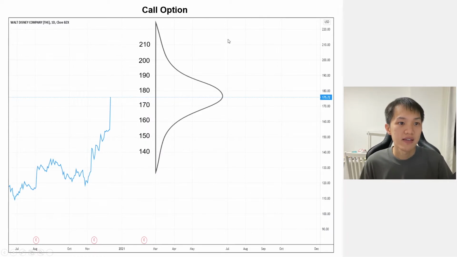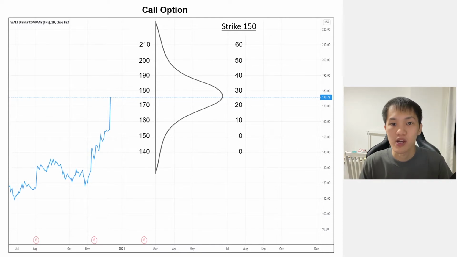So there is a distribution, something that looks like a normal distribution, with different potential prices in the future. In this example, let's say we set a strike price of 150 for a call option. What is the payoff if it ends at different price levels? Let's say the price as of March 2021 is 210, and because the strike price is 150, for sure we will exercise the option.